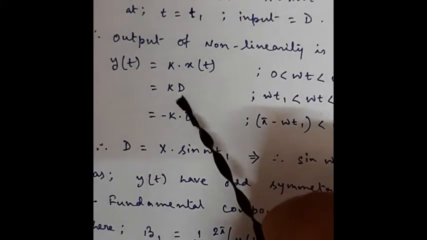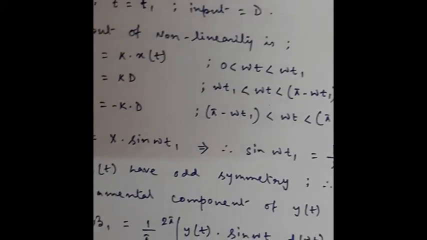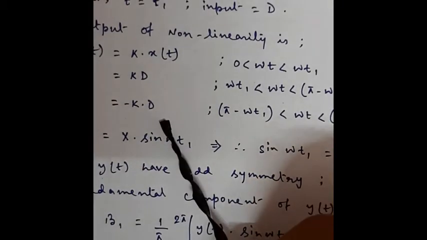Then the output will be k into d when the limit is omega t1 to pi minus omega t1. Then the output y(t) will become minus k into d, and the limit will be pi minus omega t1 to pi plus omega t1.